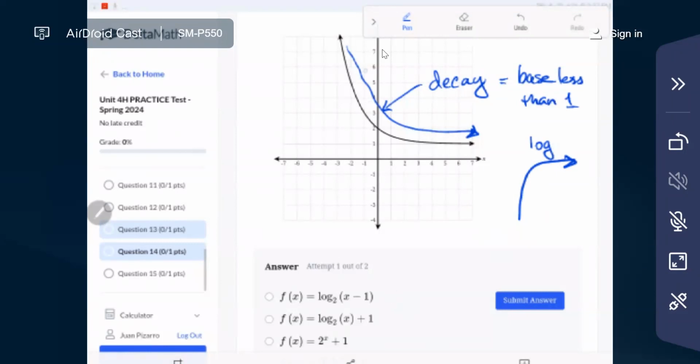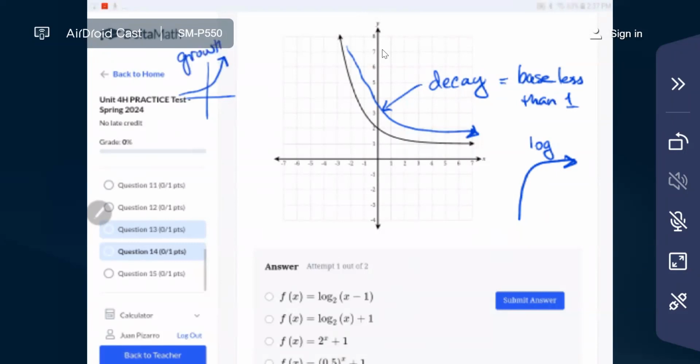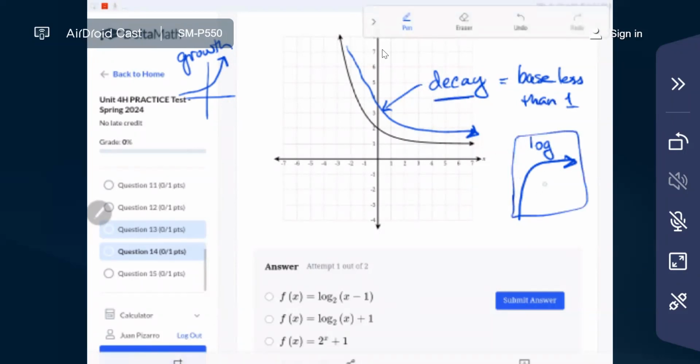This graph looks like one of our exponential graphs. If it's growth, it looks like this. If it's decay, it looks like this. The one that we have is decay. And if it's a log, it looks like this. So we definitely have a decay graph, not a log graph and not a growth graph.